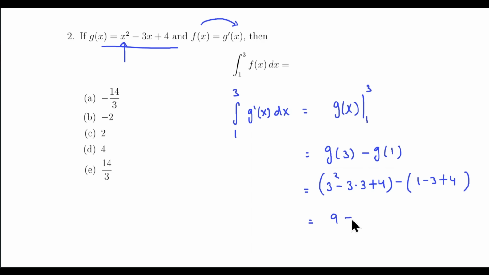So it's going to be 9 minus 9 plus 4, and for the other, this will become -2 plus 4. These are gone, so I'm left with 4 for the first and 4 minus 2 is 2 for the second. So the answer is 2, and yes, we have that option, which is option C.